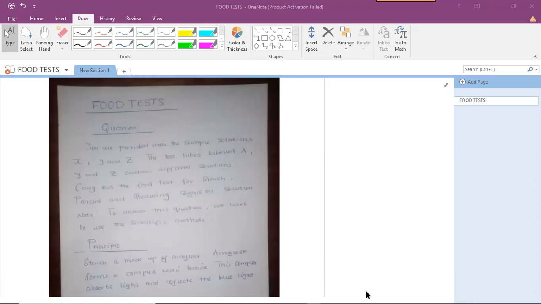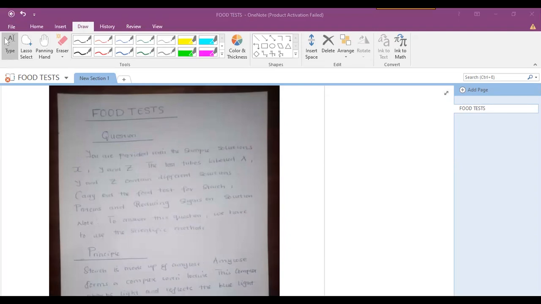Every time we're talking about food tests, in our ECZ syllabus, the only food tests that they are going to tell you to do will be carbohydrates and proteins, because basically that's what we can afford.